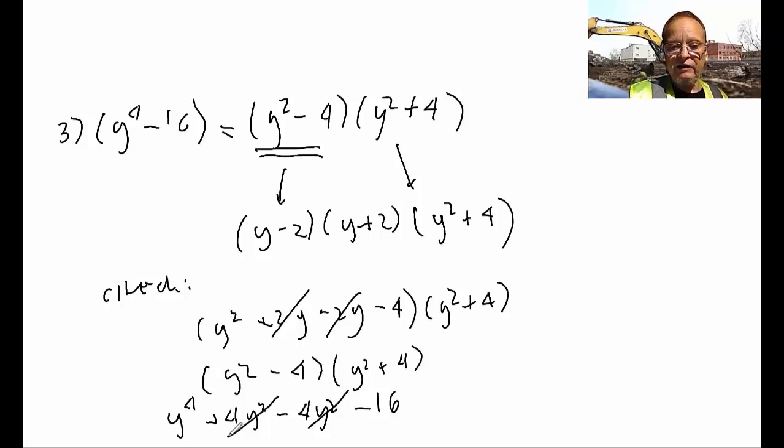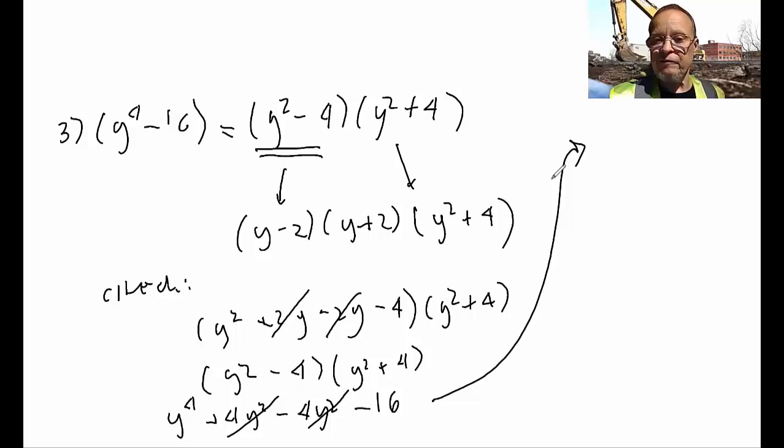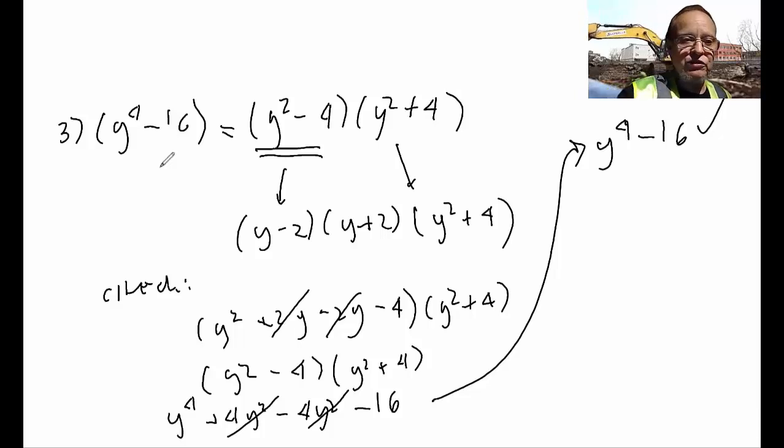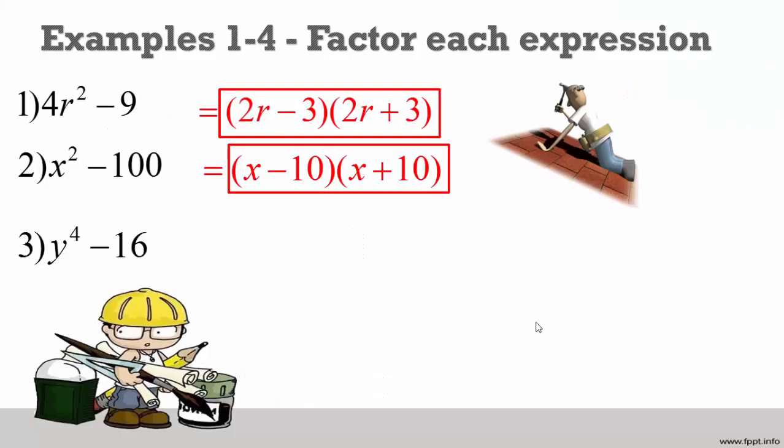And then again, these two cancel out. So I get y to the 4th minus 16, which says that I factored it correctly.